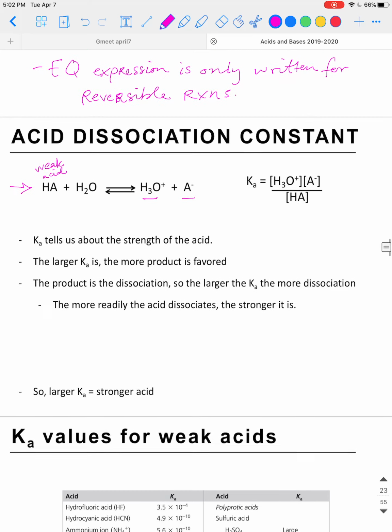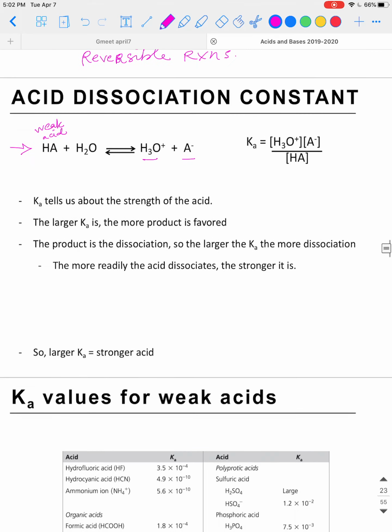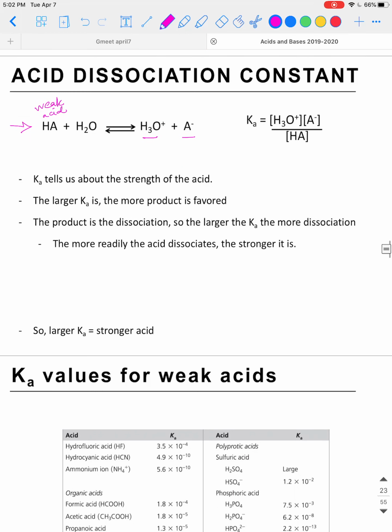Ka actually communicates several important things for us. Well, number one, Ka tells us about the strength of an acid. The larger Ka, let's think about this, the more products we have.